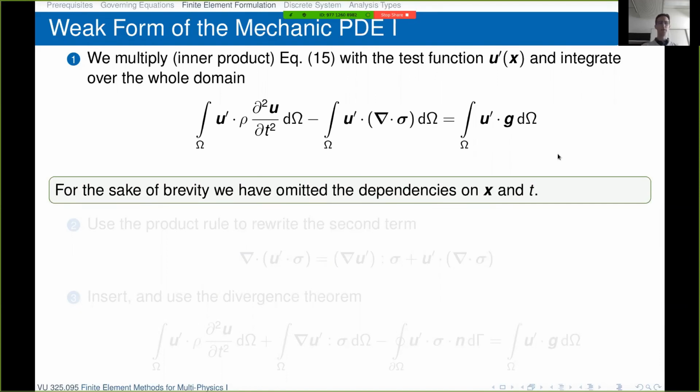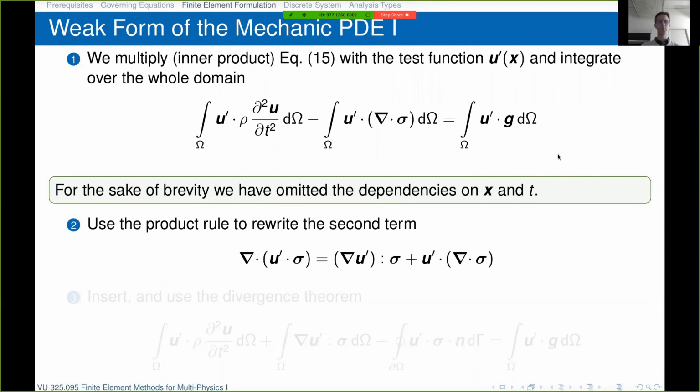And now we need a new product rule, the product rule for the divergence here of the second term. I write it explicitly down, so the divergence of a vector valued expression in a tensor valued expression is written like this. We have the gradient of the vector double contracted with the tensor plus the vector unchanged, inner product with the divergence of the tensor.